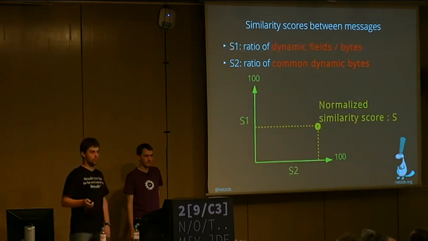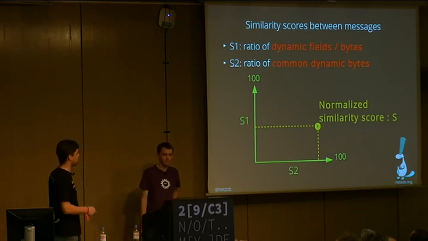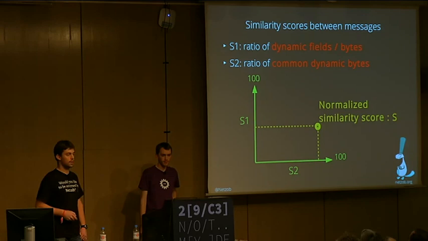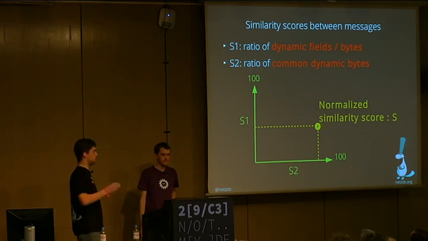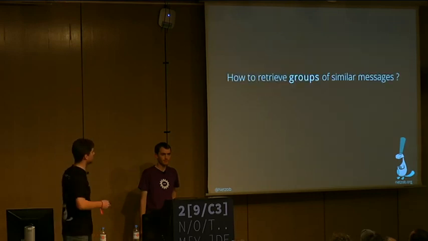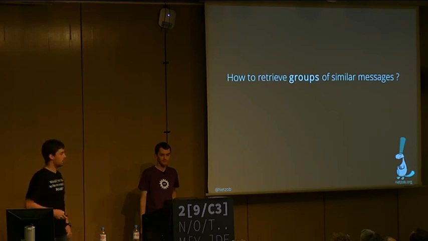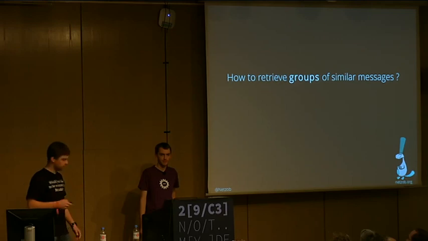You take these two factors, you normalize, compute the similarity score, and with this solution you can have a number between 0 and 100 that you can use to compare between other pairs of messages. This will bring us to the clustering process of the alignment.